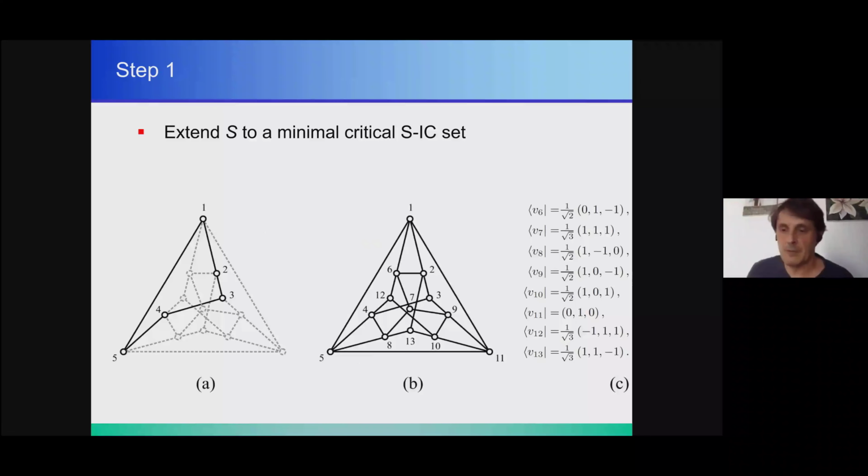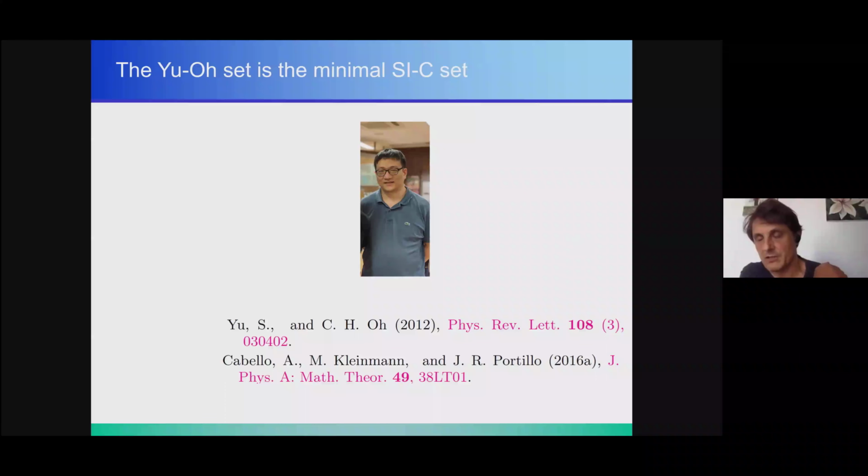How can it be proven in this particular case? Because the final set is the YO set, and we proved long ago that the YO set is the simplest, meaning with the smallest number of projectors of rank 1, in any possible dimension. And recently, Xiangling Xu and Matthias Kleinmann have also proven that it also holds if you remove the assumption of rank 1 and also allow rank 2 and rank 3.